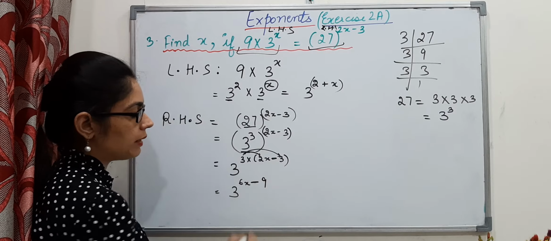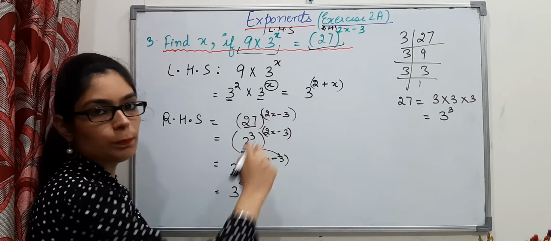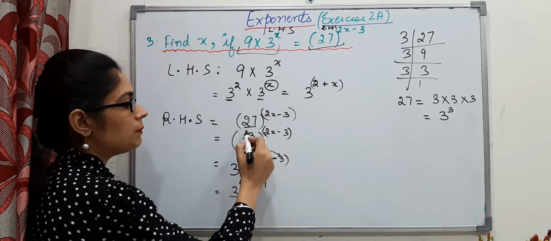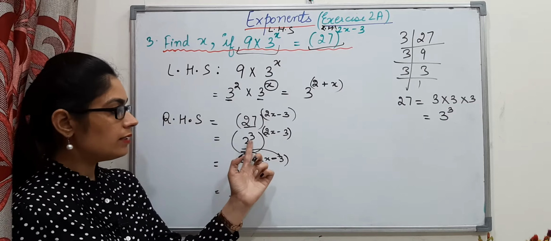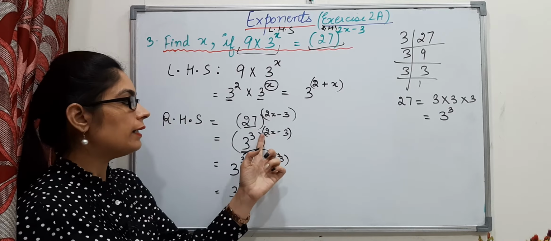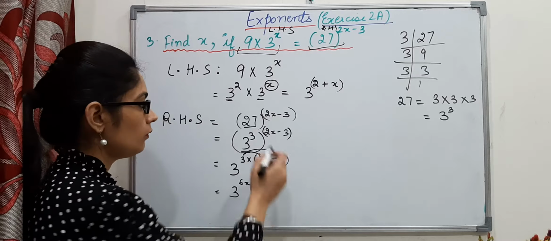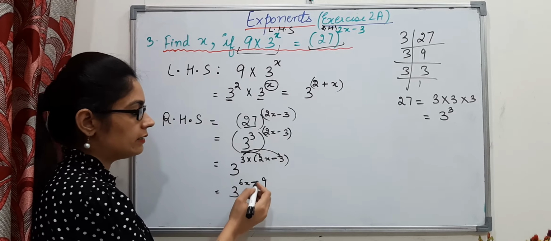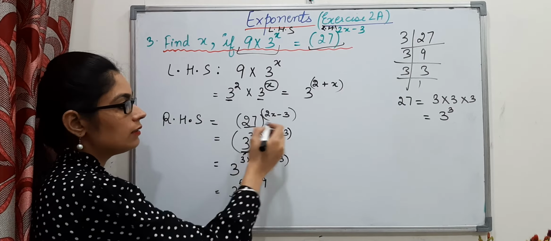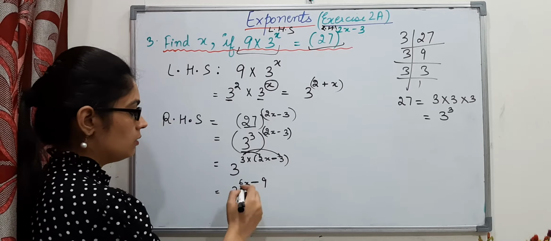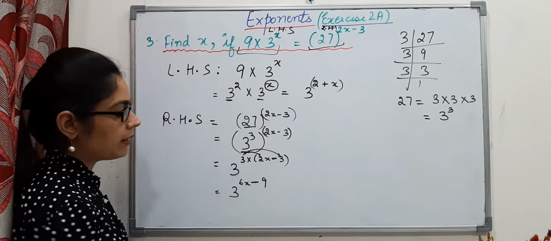So 6x minus 9 if we multiply these two powers. Simple multiplication of the powers we have done. This 3 I have multiplied by 2x minus 3. 3 into 2x is 6x, minus sign as it is, 3 into 3 is 9. So this 6x minus 9.